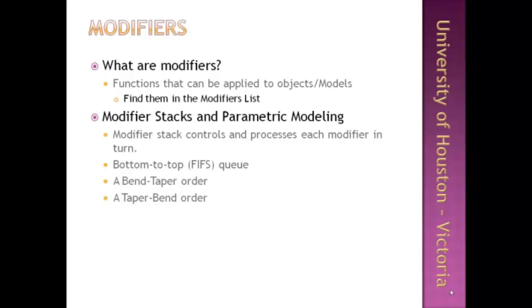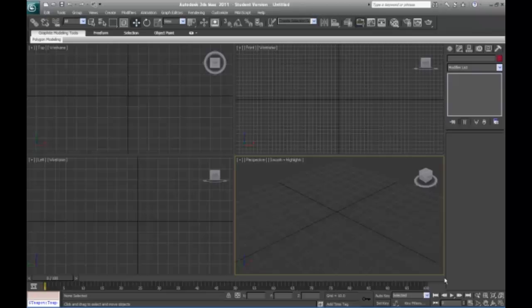Each modifier also has a little light bulb next to it, and you can click on it to disable or enable it. These are pretty much it, and I want to show you how the modifier stack works inside 3ds Max. So let's go to 3ds Max.